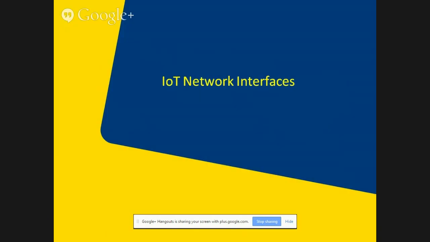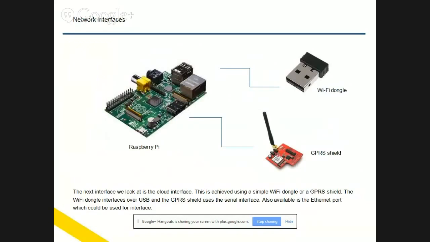Now we come to IoT network interfaces. So far we've managed to get the data from the devices up to the gateway. The next task we have is to transmit this data from the gateway to the cloud.